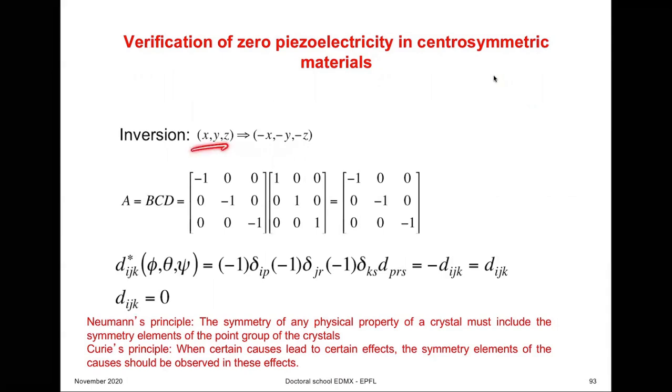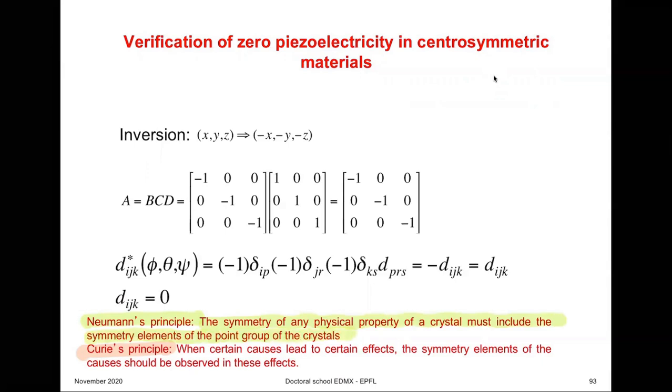So inversion is given by this transformation, and we also need to consider two principles, Neumann's principle and Curie's principle. Neumann's principle says that the symmetry of any physical property of a crystal, such as piezoelectricity, must include the symmetry elements of the point group of the crystal.